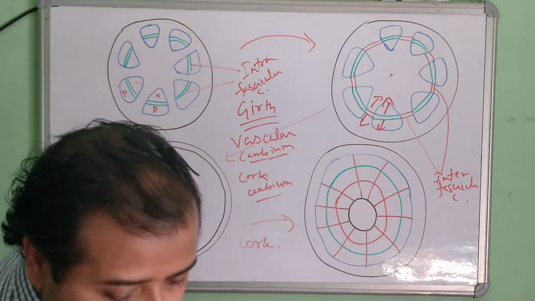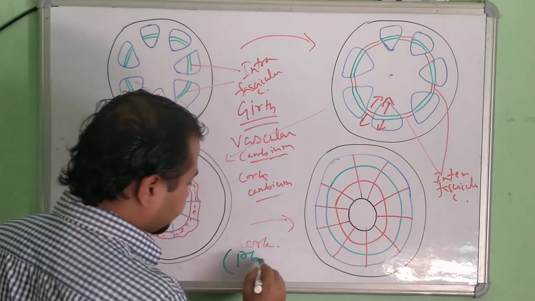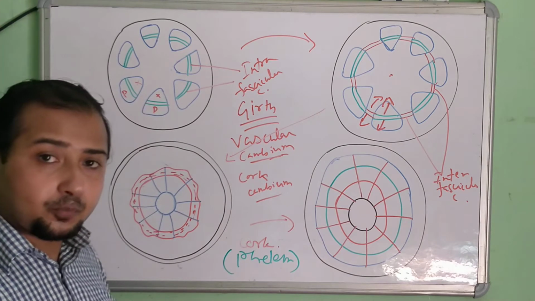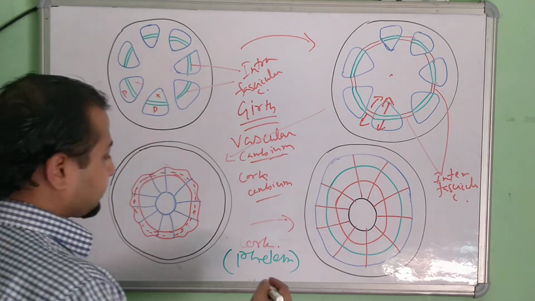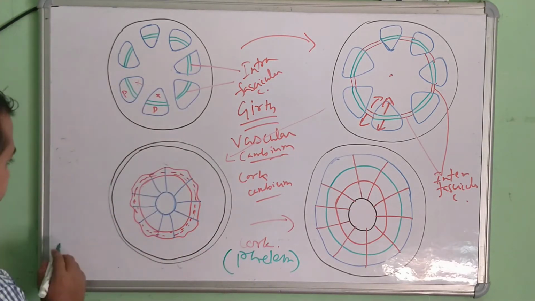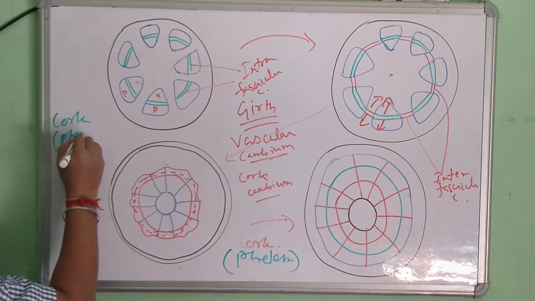Okay, the cork, which is also known as phellem, the outermost protective layer of the plant. And then the second protective layer is the, I'm just writing here. So first is the cork, which is also known as the phellem.